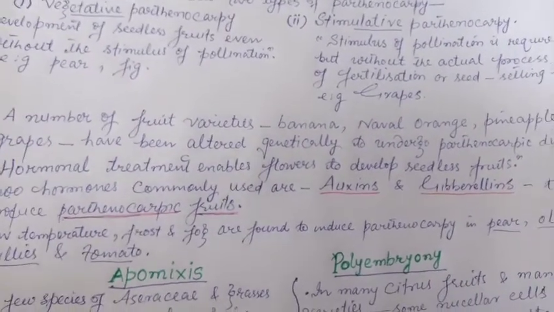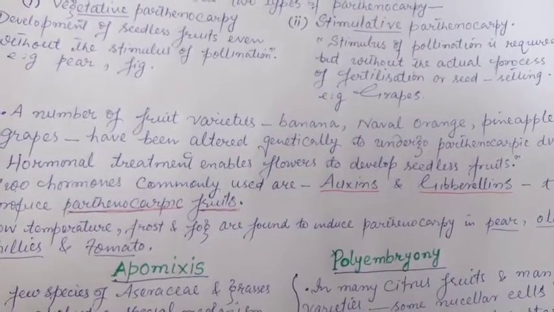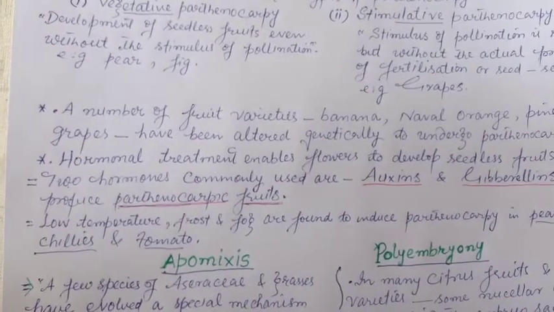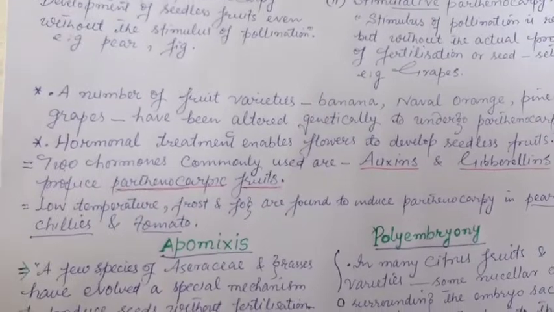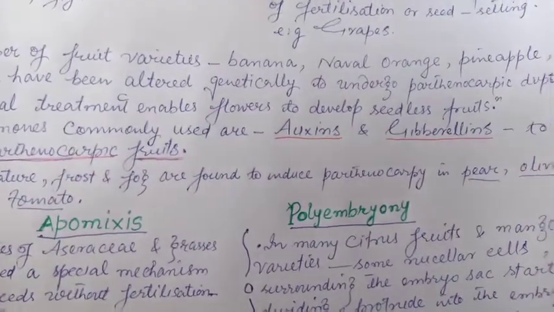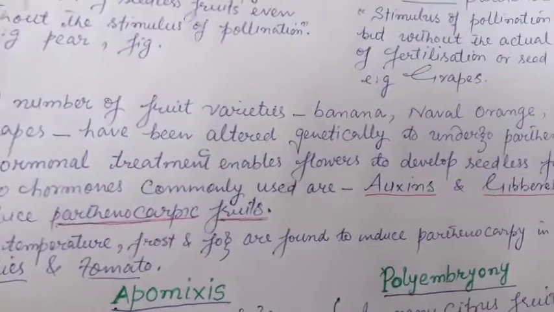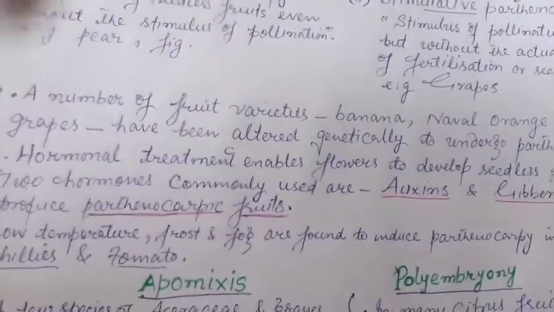The two hormones most commonly used are auxins and gibberellins, to produce parthenocarpic fruits. Low temperature, frost and fog are found to induce Parthenocarpy in pear, olive, chilies and tomato. Hope you must have understood Parthenocarpy.